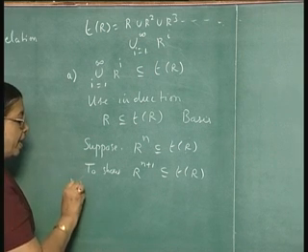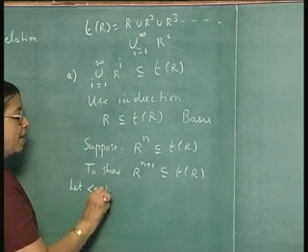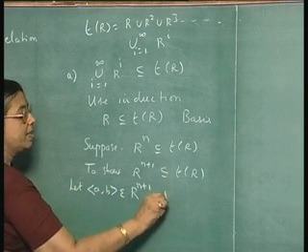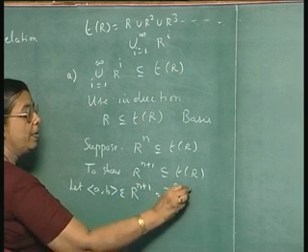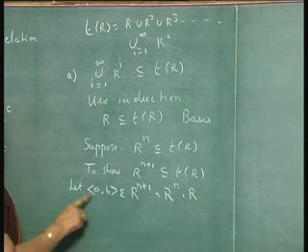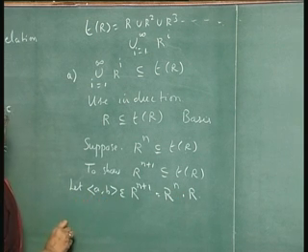Now, let (a, b) belong to R^(n+1), that is, R^n composed with R. When can you say that (a, b) belongs to R^(n+1)?